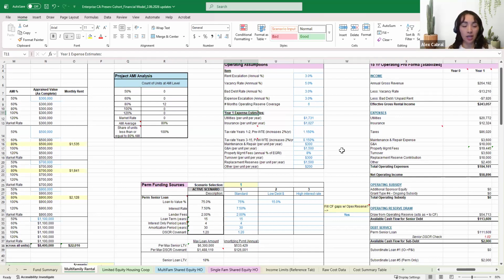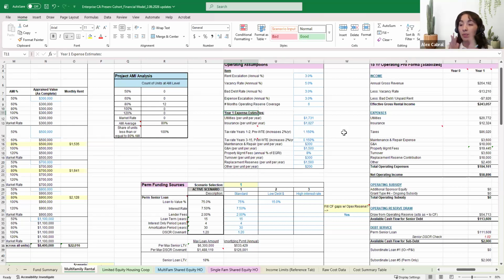This model does not include a pro forma for the period of time when the property is operating during the acquisition rehab phase, right? Sometimes there are tenant relocations, rent goes down, units are vacant, there's a lot of movement.